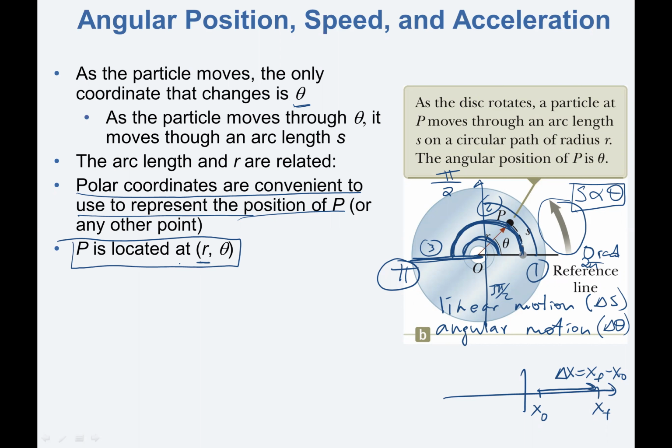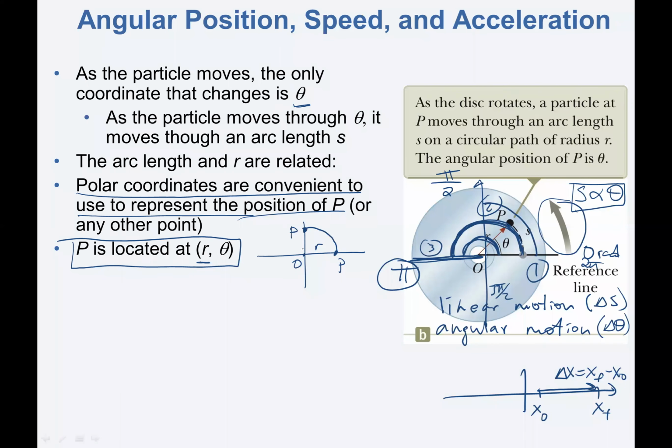So if this is that point P and this is the axis of rotation O, then R represents how far away it is from the axis of rotation. Then if this point P undergoes this much displacement, I can say that it is located at R, and right now the position is pi over 2 because it's here. This is my point of interest. That means you can always represent it in terms of the polar coordinate, and we can figure out where the object's position is.